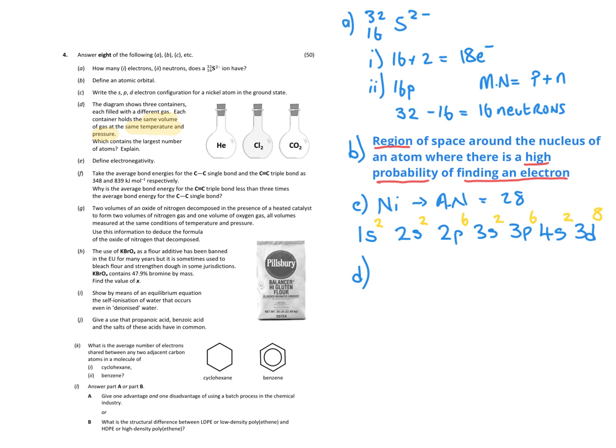It asks which contains the largest number of atoms. According to Avogadro's law, because the containers have the same volume and same temperature, it would be the CO2 container that contains the largest number of atoms.